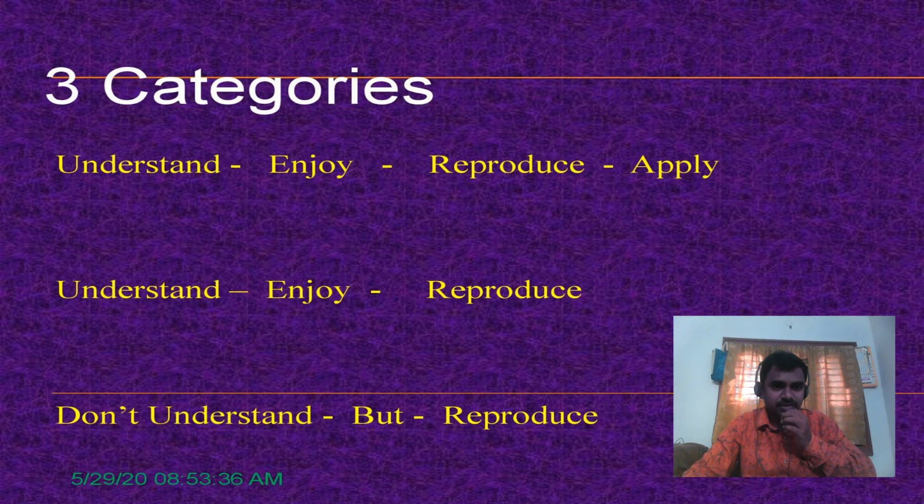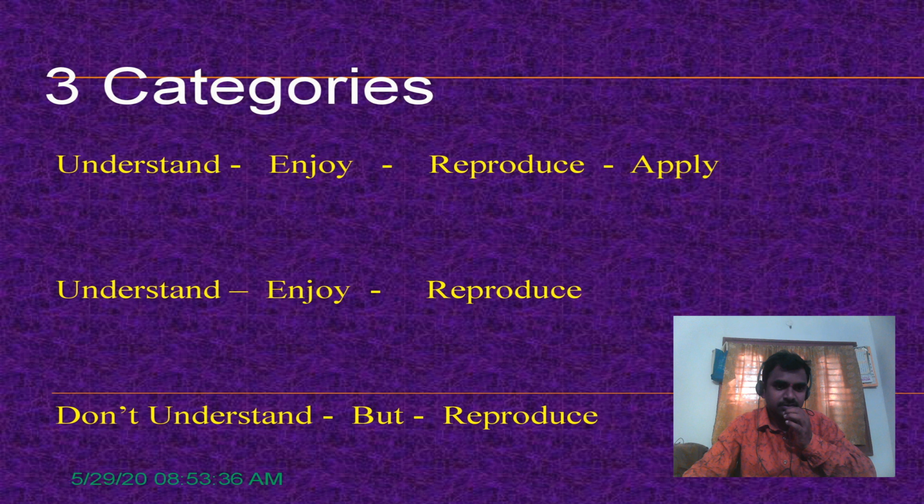That means, for the sake of marks, they are studying physics. But the final category don't understand physics, but they can reproduce it. I think you know how they are reproducing, by heart.